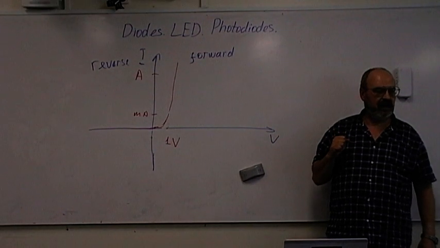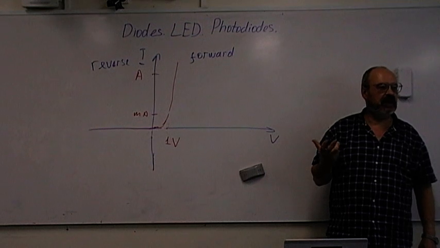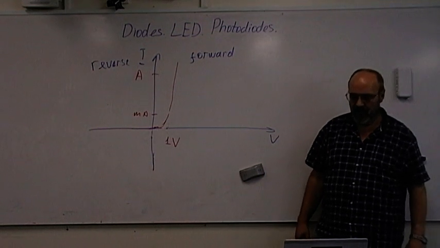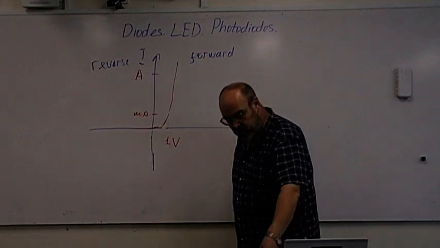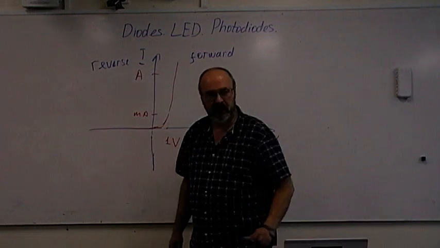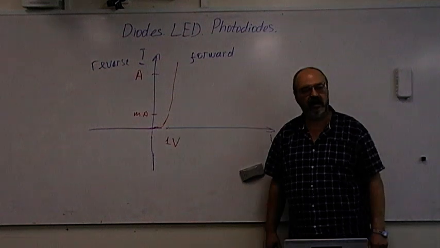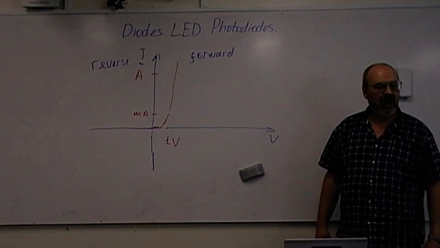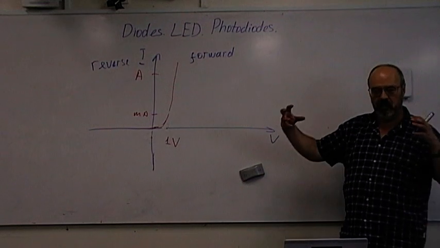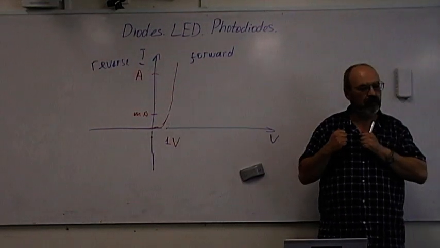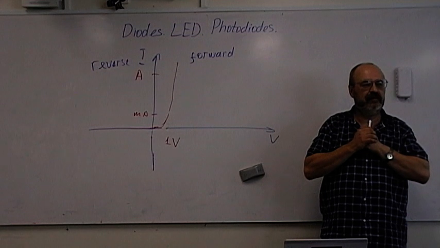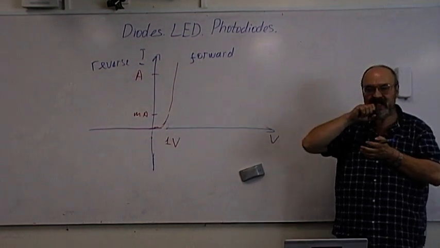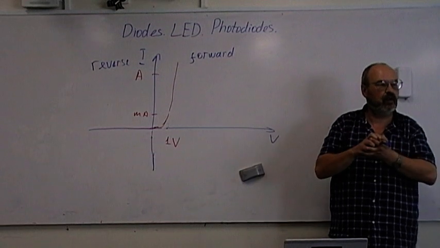One of the most important applications of the diode now is LEDs, light emitting diodes. LEDs are diodes. When current comes through the diode, what happens when an electron moving through meets a hole? It jumps into the hole, and its energy fills that hole.